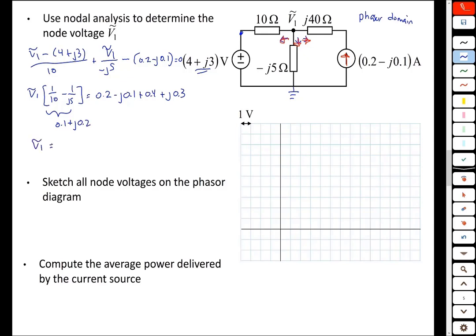So V1 phasor is going to be, let's see, 0.2 plus 0.4 is 0.6, minus j0.1 plus j0.3 is plus j0.2, all over 0.1 plus j0.2. You work out this math, you get 2 minus j2, which in polar form is 2.83 at an angle of minus 45 degrees volts.